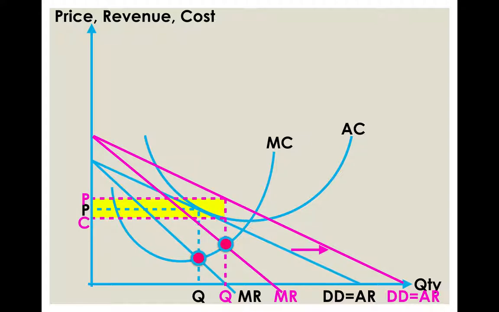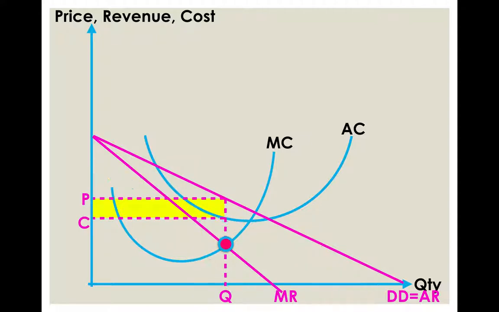This is because the monopolistically competitive firm has very, very low barriers to entry in its industry. So when the firm is earning supernormal profits, this will attract new firms to enter the industry. And this will cause the demand curve faced by the monopolistically competitive firm to fall.